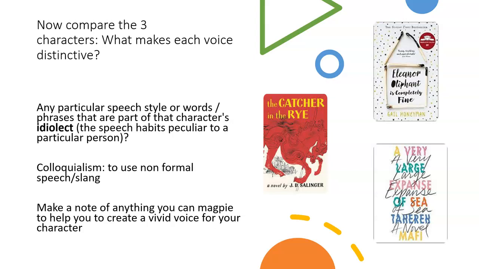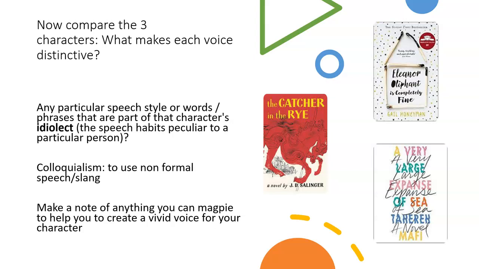What does differentiate these speakers is the formality level of their speech. So we've got colloquialism, which means to use non-formal speech, such as slang. And it can include swear words, and it quite frequently conveys the idea of youth, or a lack of education.